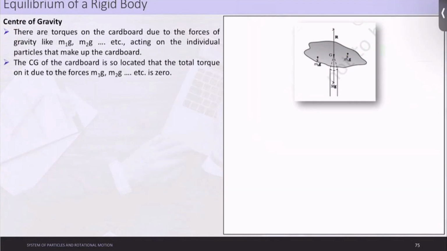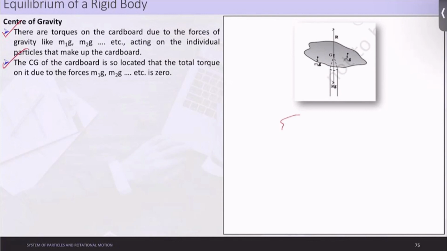Moving forward. So there are torques on the cardboard. Now we are trying to treat this rigid body as a system of particles. So there are torques on the cardboard due to the forces of gravity like m1g, m2g, etc., acting on the individual particles that make up the cardboard, right?